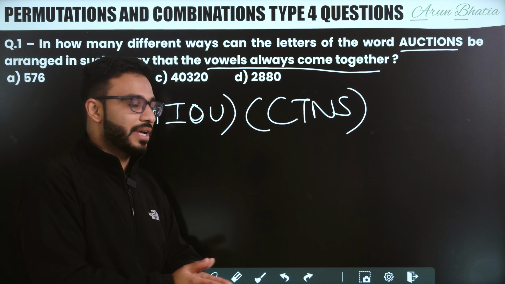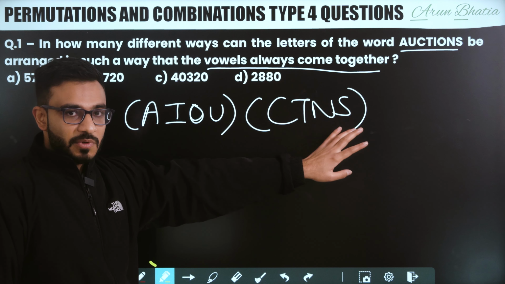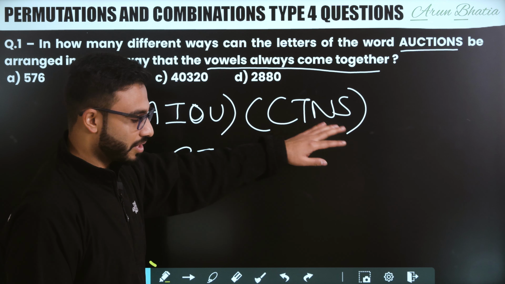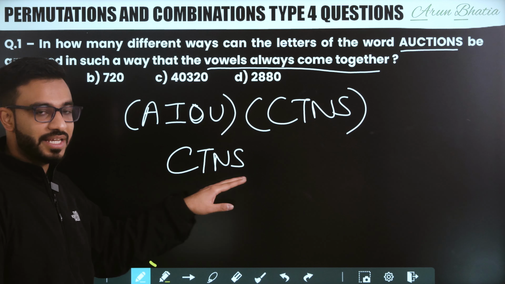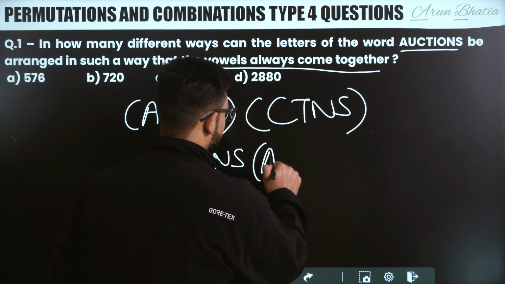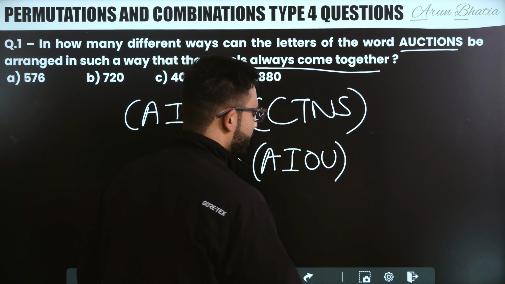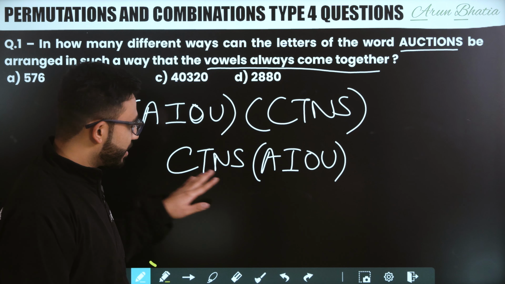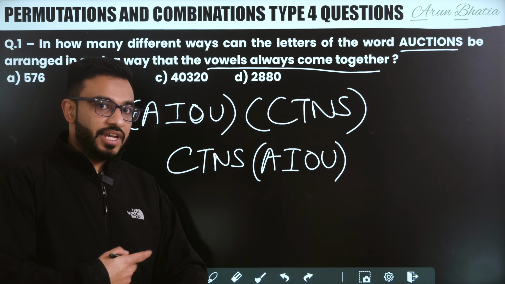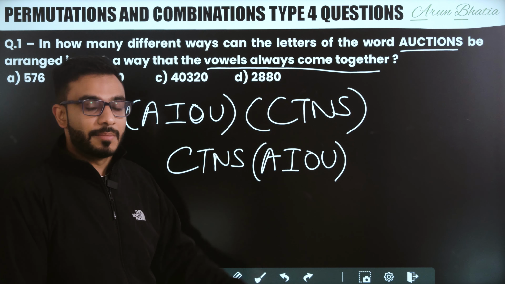Now let's break this down. It says, again, vowels come together. So you can first write one pattern. Let's say I wrote the consonants in this particular order, C, T, N, S, and then I write the vowels, A, I, O, U. Now you know that for this particular pattern, C, T, N, S, the vowels will change, because it says the vowels always come together.